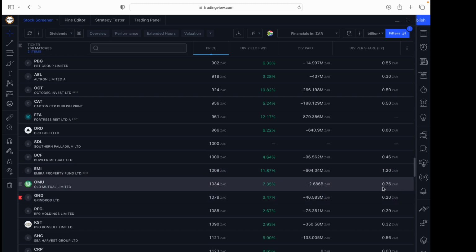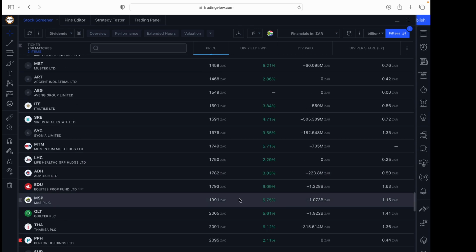Over a 12 month period, you can see that Old Mutual paid a dividend of 76 cents per share. My assumption is that this is a gross dividend, so it's not an after-tax dividend, meaning that you still need to subtract the 20% dividend withholding tax, because every time you receive a dividend, you pay tax to SARS. So it always happens.